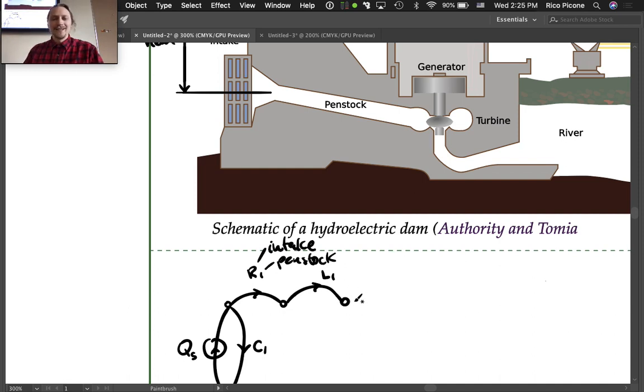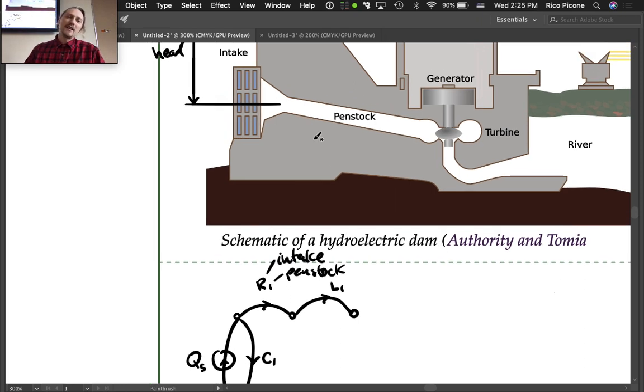Okay, good. So we have L1, and then we've got this penstock has a pressure head that helps drive it further. There's more head down to the turbine level, right? So let's model that as being a fixed height, right?